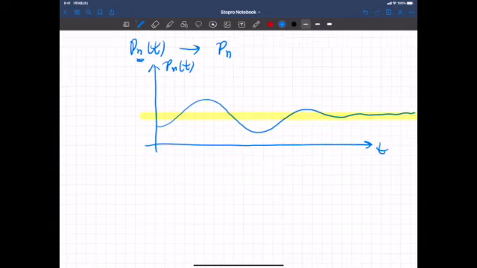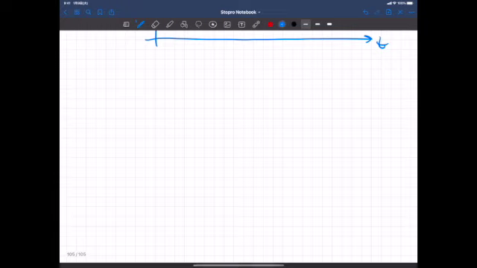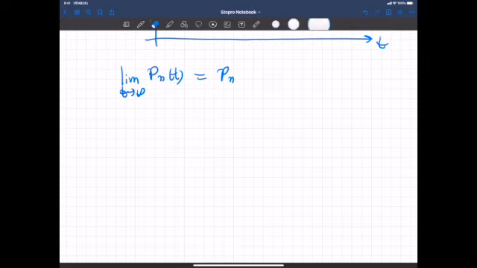So let's suppose, therefore, this limit exists for each n, as t goes to infinity. This will converge to some constant that is independent of time.